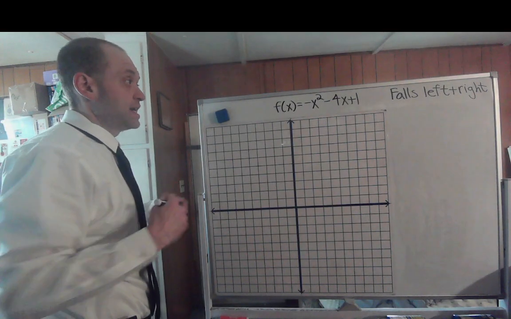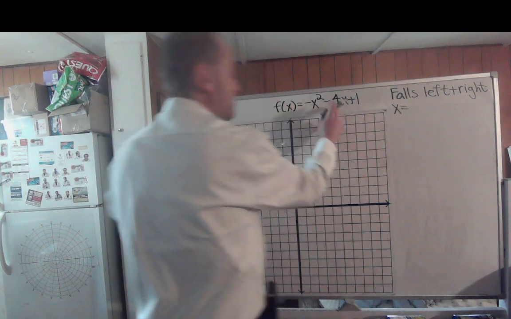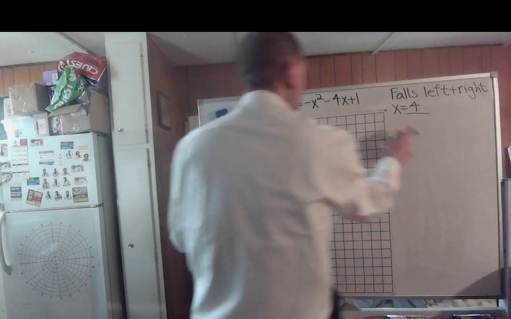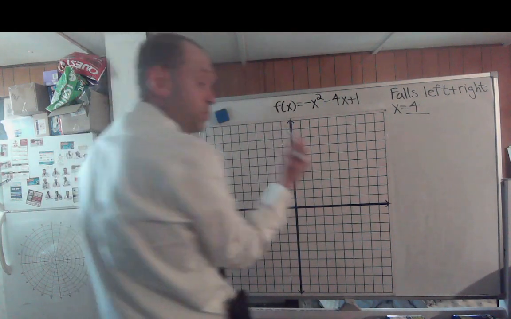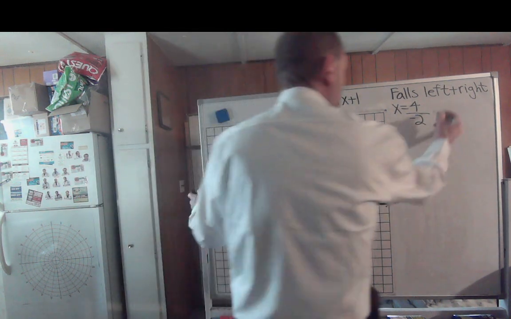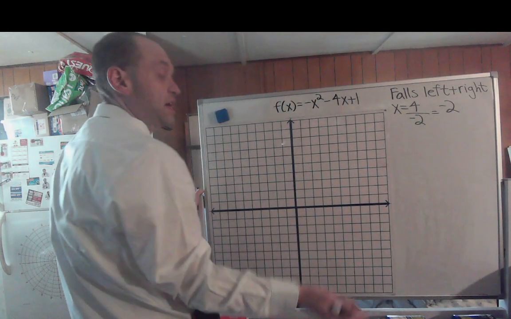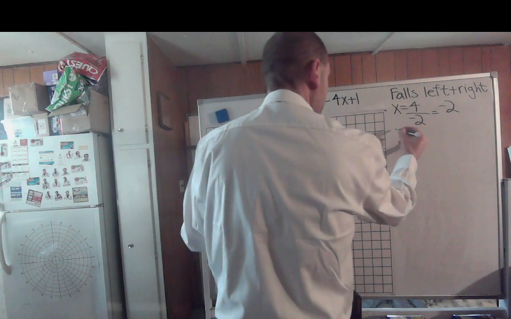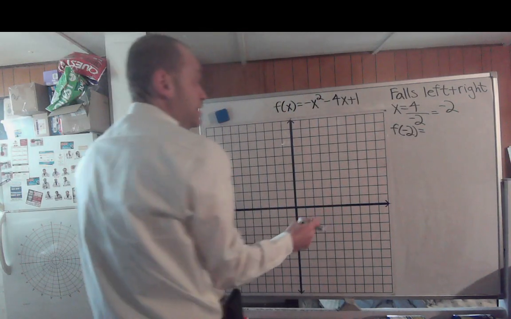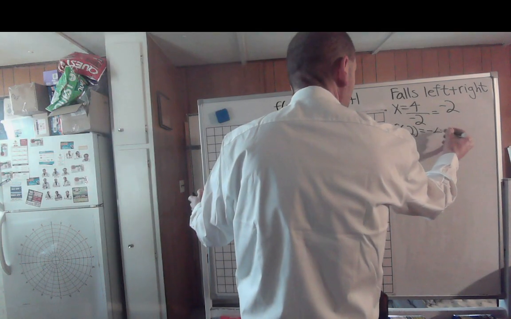So the vertex, the x-coordinate, again, is that negative of b, so negative 4 is actually positive 4 over 2 times your a of negative 1, so that'd be 4 over negative 2, which would end up giving you your x-coordinate being found at negative 2. Now let's find the y-coordinate by doing f of negative 2. Well, negative of negative 2 squared would end up giving you negative 4.